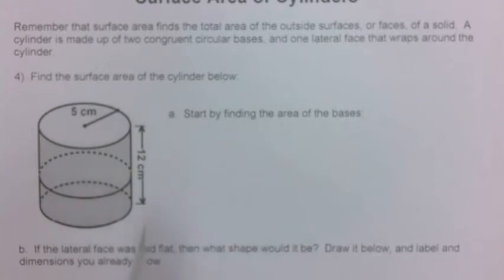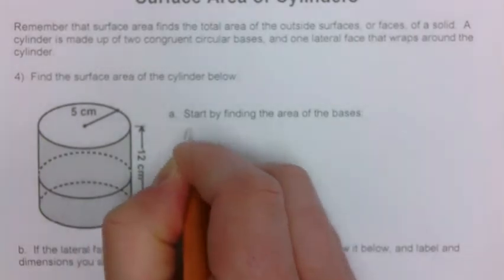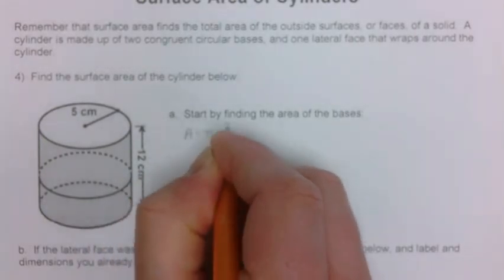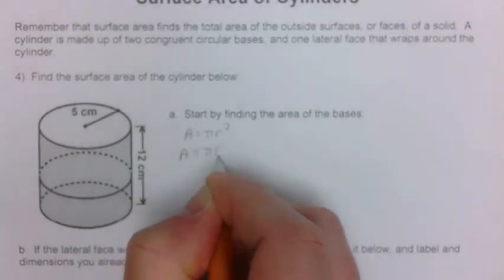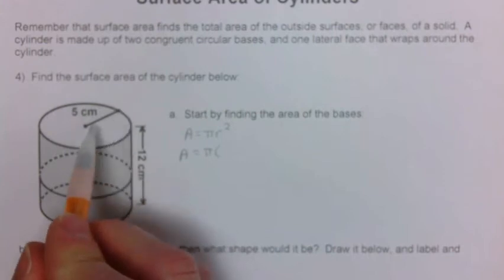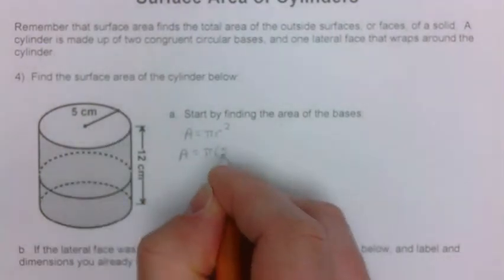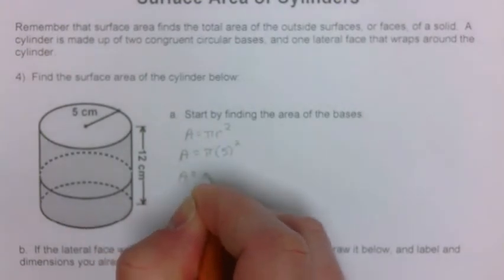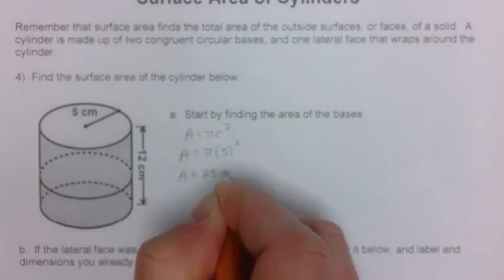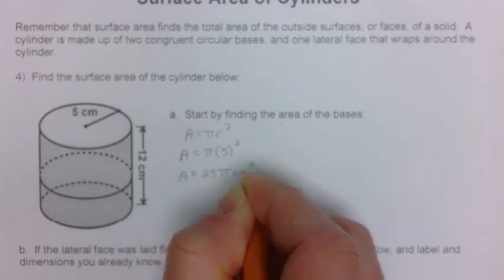In order to find the area of a circle, you use the formula area equals pi r squared. I need to know what the radius of my circle is, and I can see right up here that it has a radius of 5 centimeters. So pi times 5 squared. If I square 5, I get 25. So the area of each circle is going to be 25 pi square centimeters.